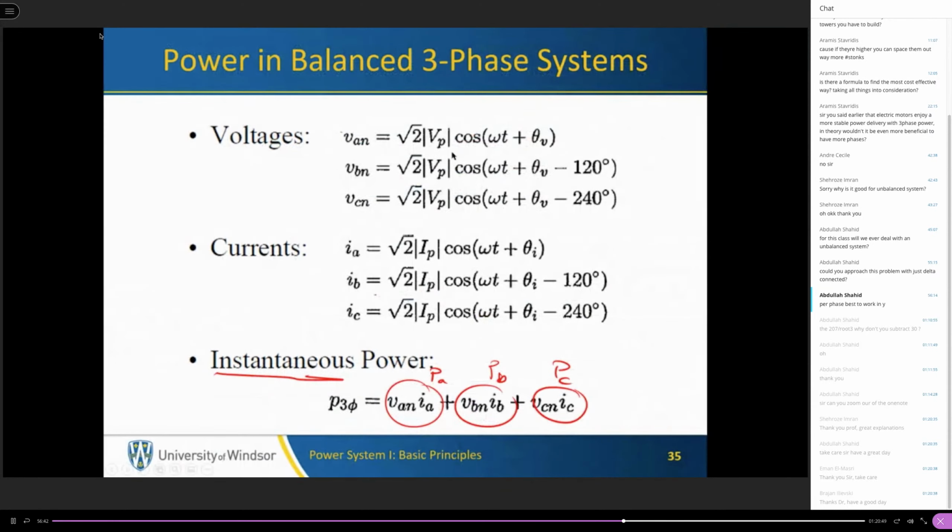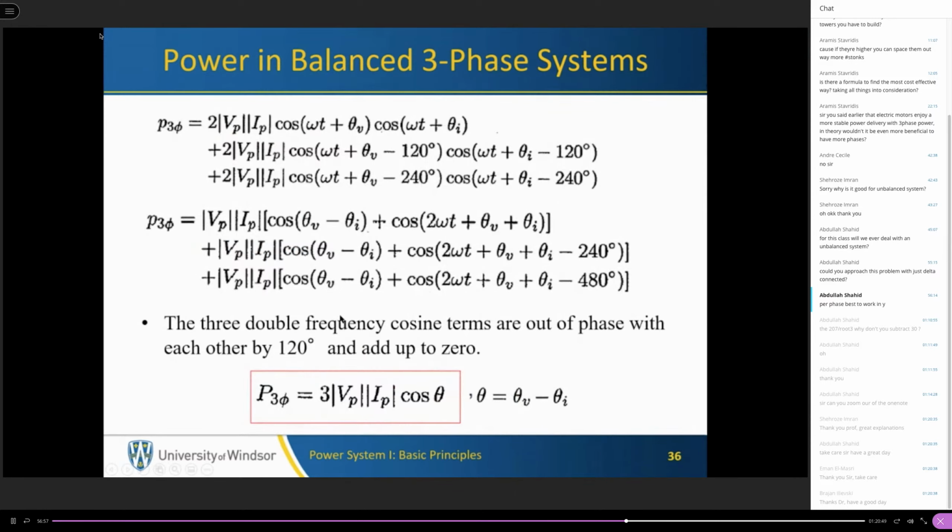Okay, good. So for the power in three-phase systems, we have three voltages, three currents. We multiply voltages by currents to get the phase powers and add them together to get the total power, and this is the instantaneous power. At the end of the day, the total power is going to be constant.